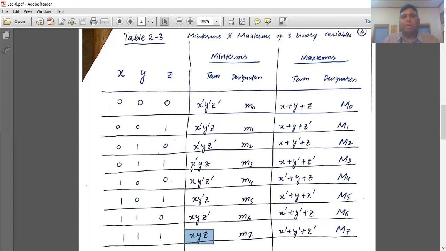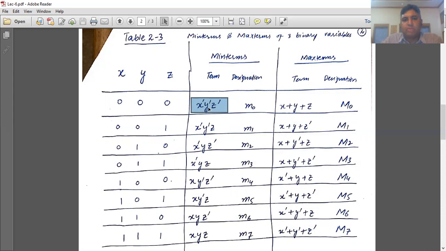So these are the minterms of three variables. Now, what are the maxterms? Maxterms are simply the complement of each minterm. I told you in the last lecture how to find the complement of a term. Basically, we convert each AND gate into an OR gate, or each OR gate into an AND gate, and we complement each literal.